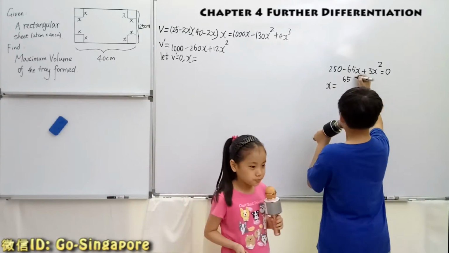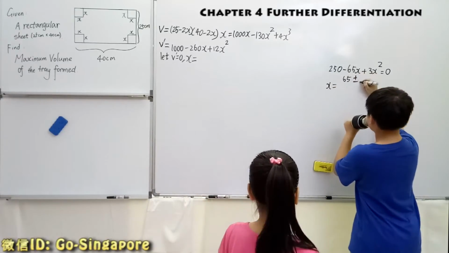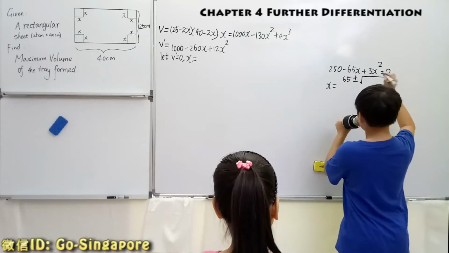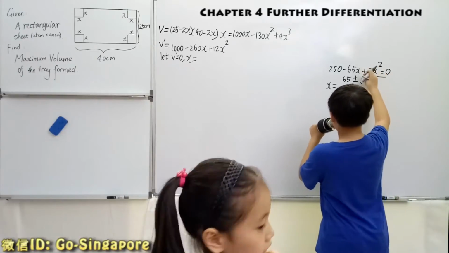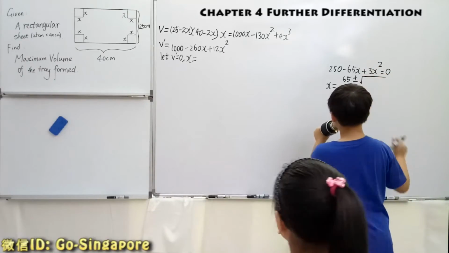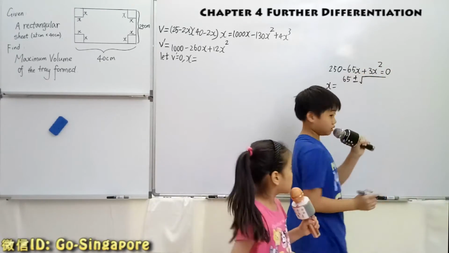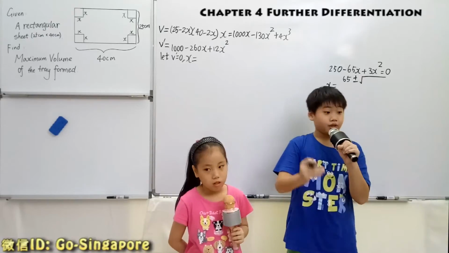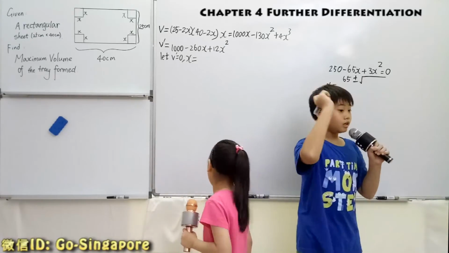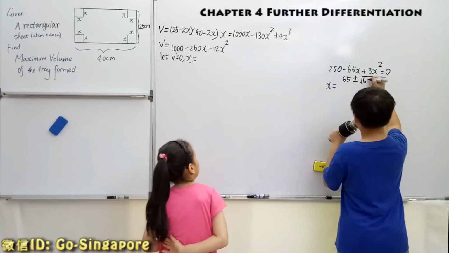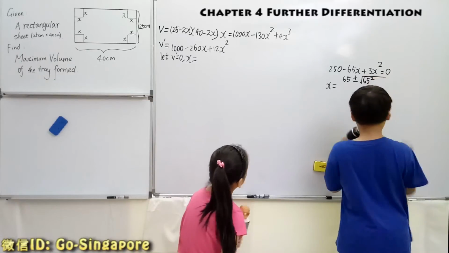Then here is a plus or minus, and this is a square root, because inside here this is squared. So negative, negative, positive again. So we'll just need to write 65 squared.